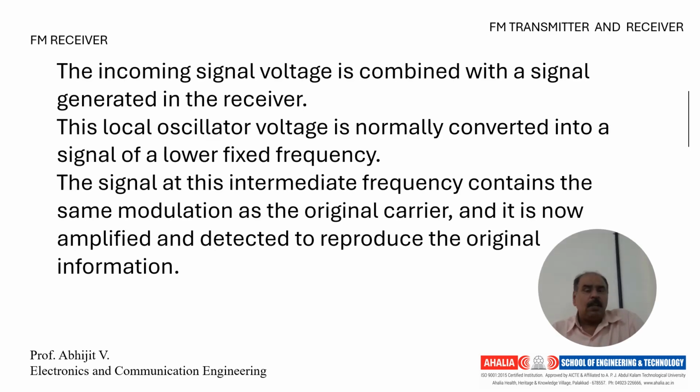The incoming signal voltage in a receiver is combined with the signal that is being generated in the receiver. There is a local oscillator that generates the signal. This local oscillator voltage is normally converted into a signal of low frequency.